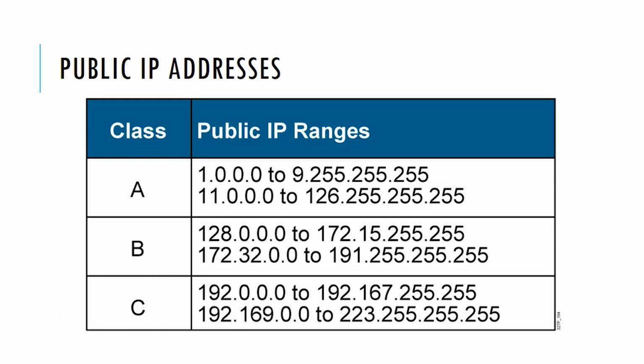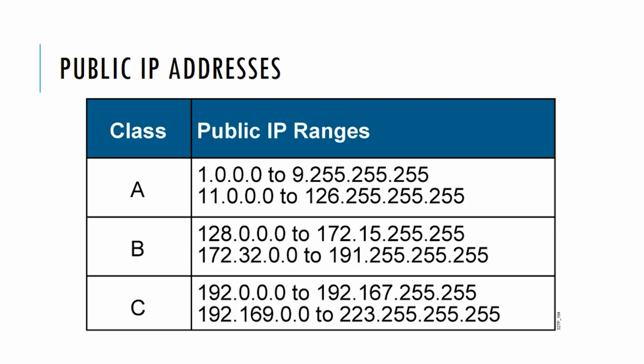In Class A, it can be from 1.0.0.0 to 9.255.255.255.